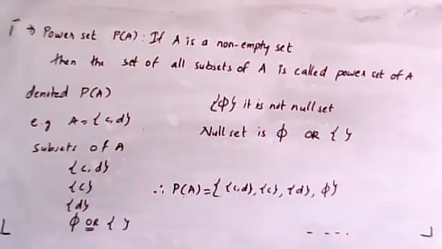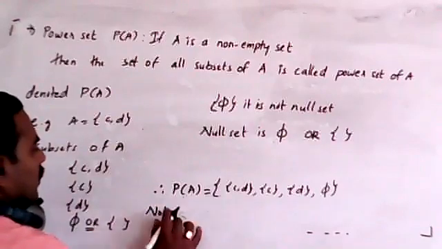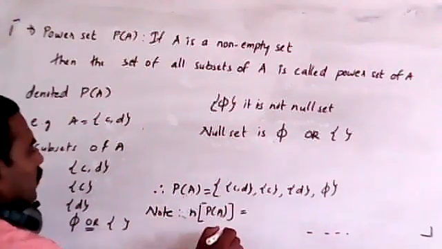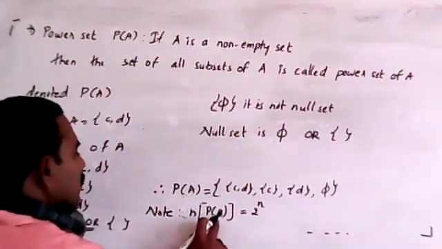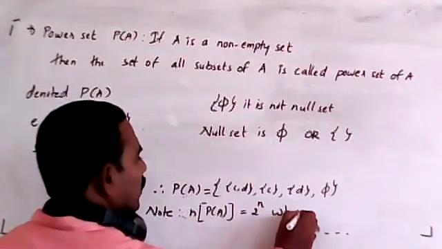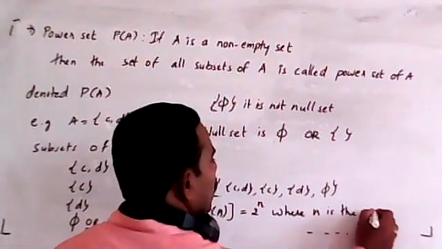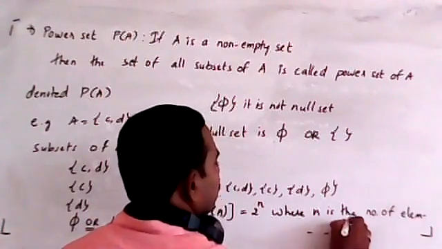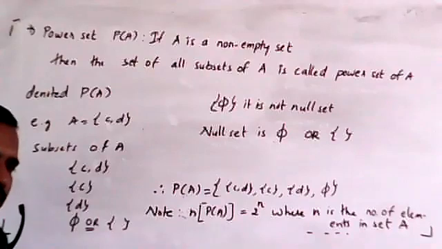So we can understand that the number of elements in a power set is always equal to 2 to the power of n, where n is the number of elements in set A. Clear? 2 to the power of n.